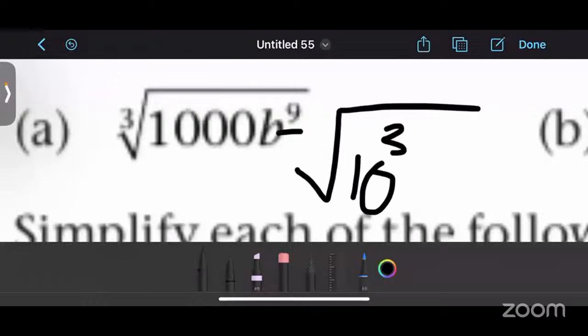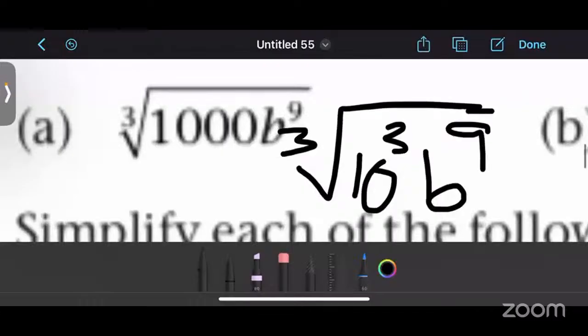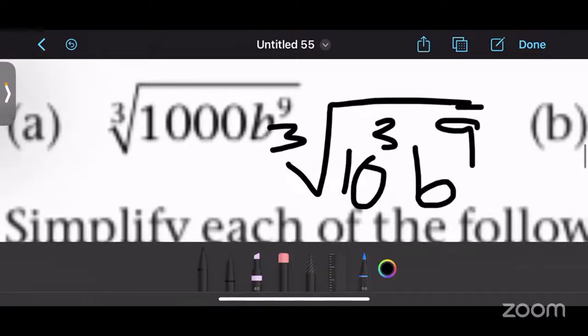Is that what you say? Yes, ma'am. And again, you're going to say x to the power 9. You really love x. It's b to the power of 9, ne? Yes, ma'am. Then you're going to say cube root of 10 to the power 3 and x to the power 3. And it's going to give you 10, getting the x.